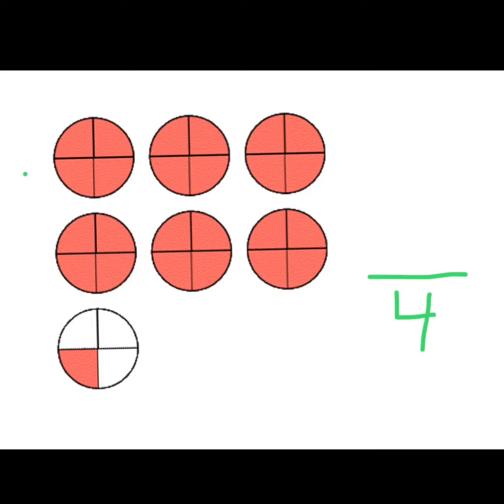Now, we just need to count how many quarters there are that are red. We have 1, 2, 3, 4, 5, 6, 7, 8, 9, 10, 11, 12, 13, 14, 15, 16, 17, 18, 19, 20, 21, 22, 23, 24, 25. So we will say that there are 25 quarters.